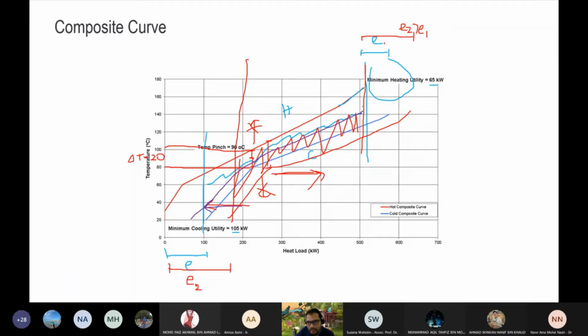Now in this case, there is no heating utility required, and I only need to discharge this amount of energy to the environment. And in this case, I can also recover a huge amount of energy in the process. But as we can tell, it comes with a penalty. This purple, we know that the delta T is smaller than the blue one.